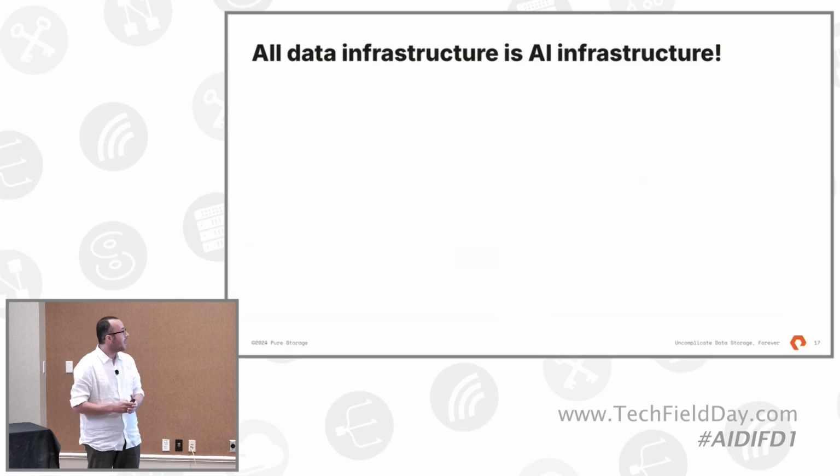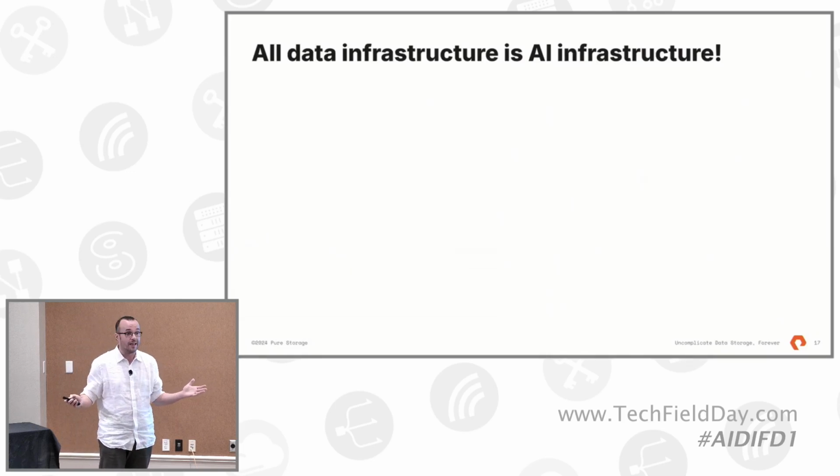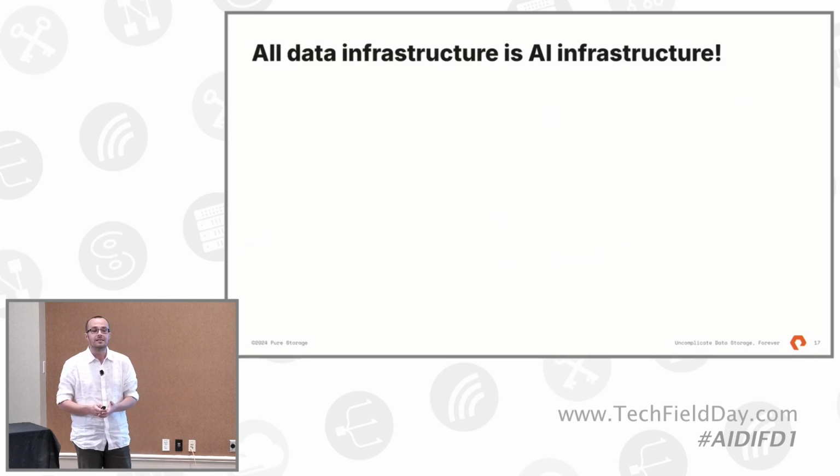Now, let's start here. All data infrastructure is AI data infrastructure, or it should be AI ready, since AI is no longer a niche technology; it's mainstream, and data is very much at the center now.